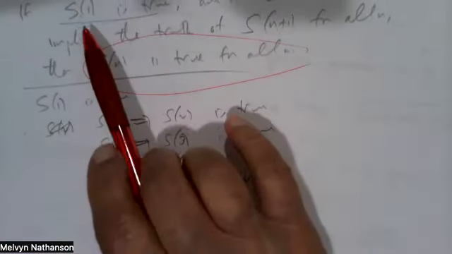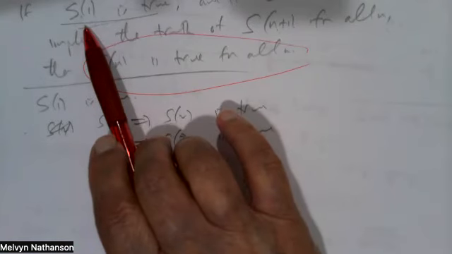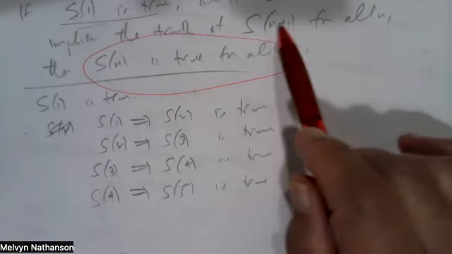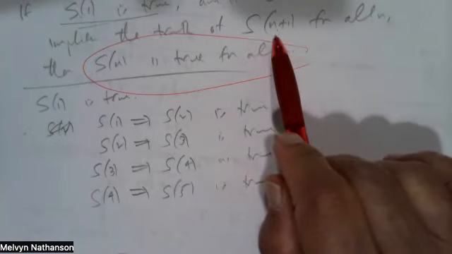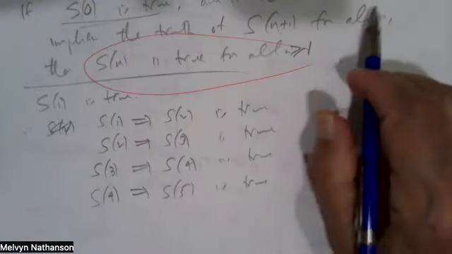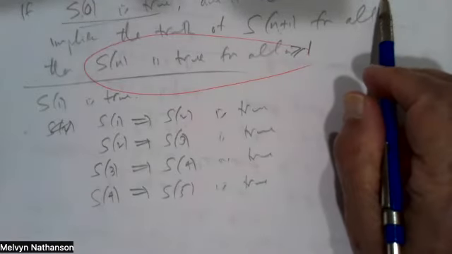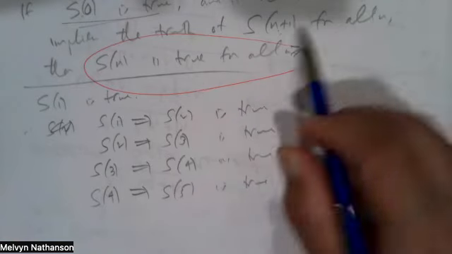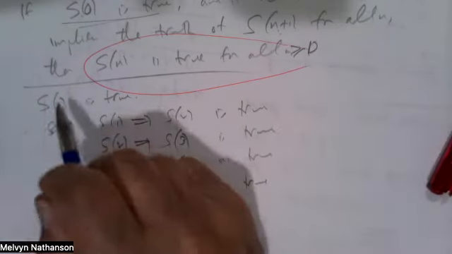If your statement is true for n equal 1, and if whenever it's true for a number n it's true for the next integer n plus 1, then it's true for all n greater than or equal to 1. And you didn't have to start with 1. You could have started with 0. If you knew that the statement S of 0 was true, and then whenever it's true for n it's true for n plus 1, then it would still be true for all n greater than or equal to 0.